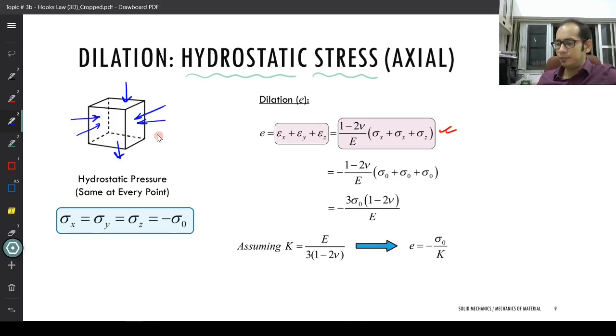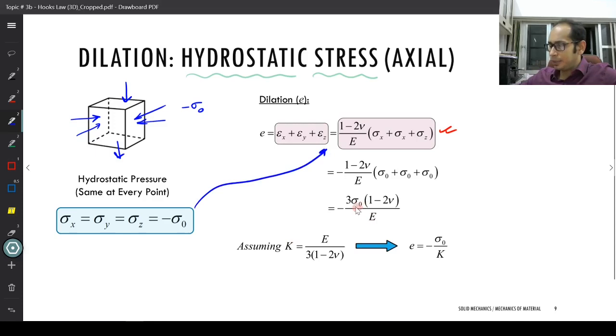So once you have these stresses which are acting, equal and opposite across all the phases, all of these are equal to the negative of sigma naught, right? All of them are equal hydrostatic stresses. So essentially, if you take this and substitute in this formulation, you get something like this.